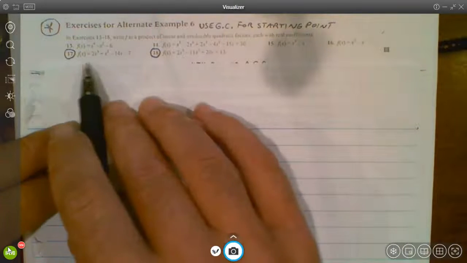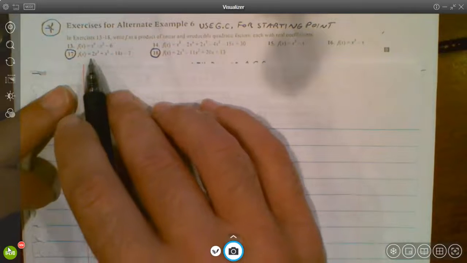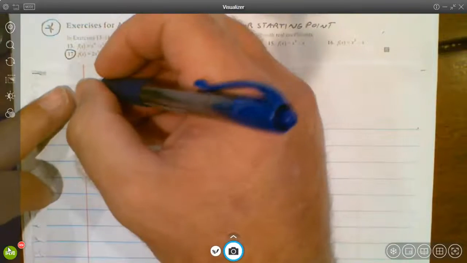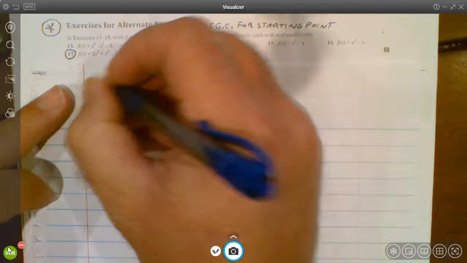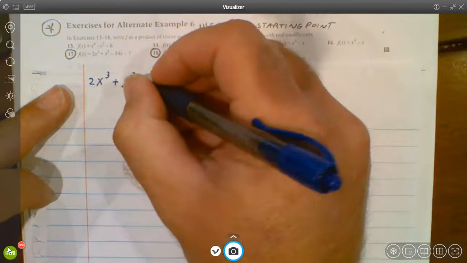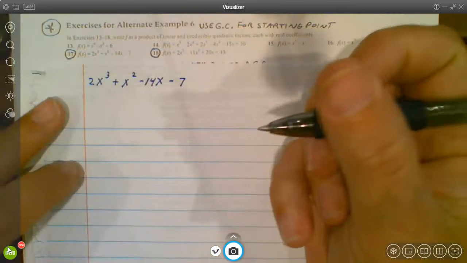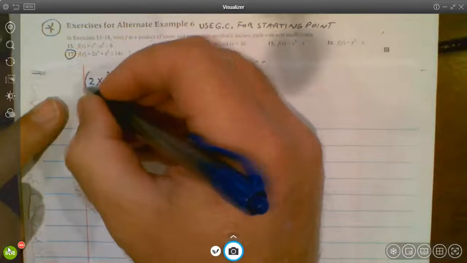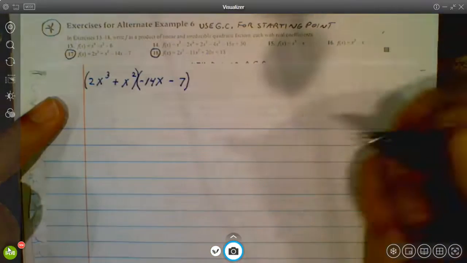As I look at this one, let me remind you of factoring by grouping. When I see four terms, what I look for is, can I factor these by grouping? So if I have 2x to the third plus x squared minus 14x minus 7, I group the first two and the last two.